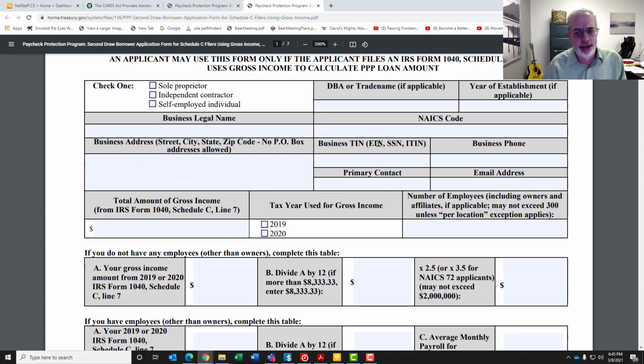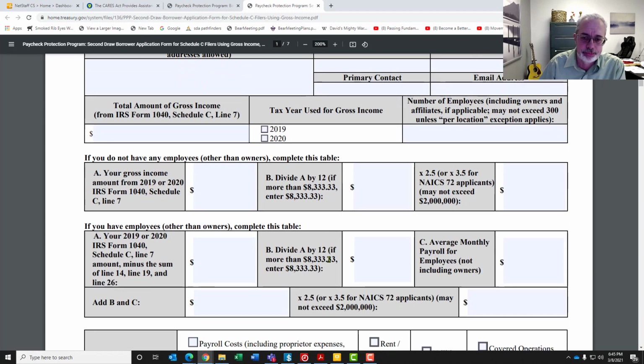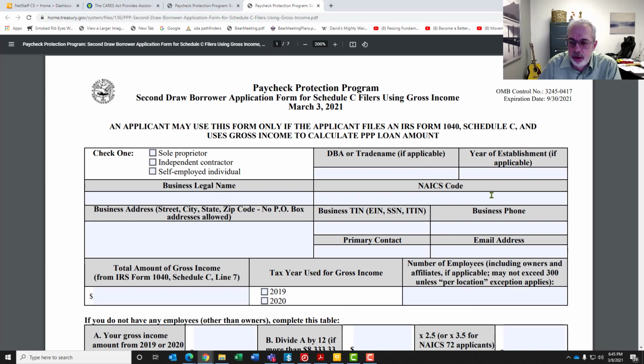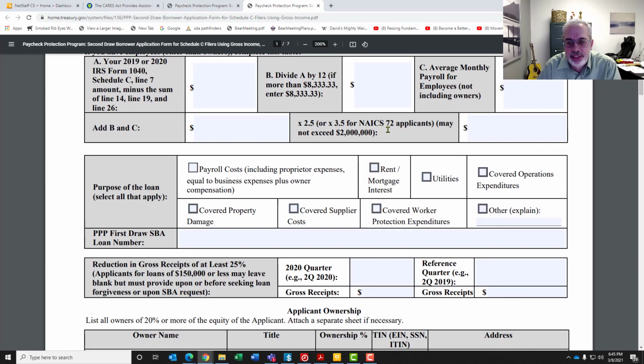Basically the exact same application, so I'm not going to go through that all over again. All of it's exactly the same, except if your NAICS code, remember we talked about that earlier, the number from your Schedule C, if that starts with a 72, in other words, your restaurants and your entertainment stuff, instead of multiplying this times 2.5, it's 3.5. So this could be a massive bump for you that have a NAICS code of a 72.